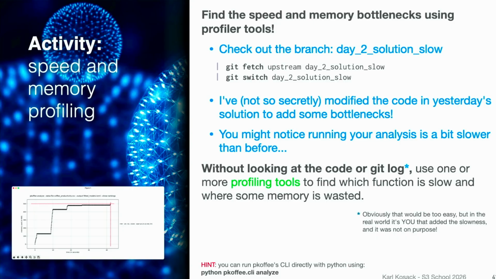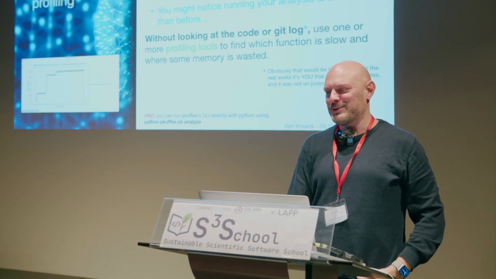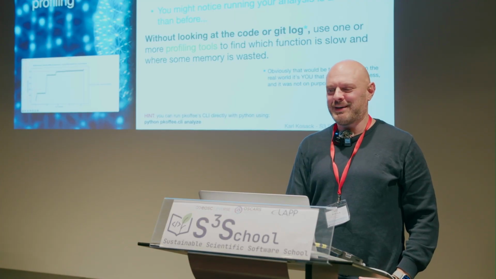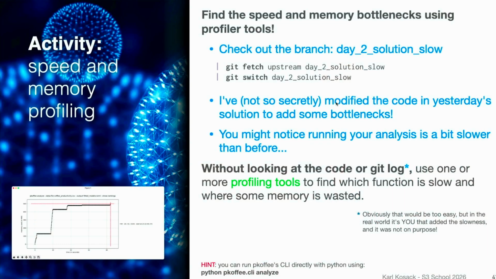So like I said, the solution, the pcopy thing, is way too fast and doesn't need any performance work. So I broke it. If you fetch the day 2 solution slow branch and switch to that, it's the same code, but I've added some bad code into it. Obviously, if you look at the git diff, you'll see exactly where, you can find it. So don't look at the git diff.